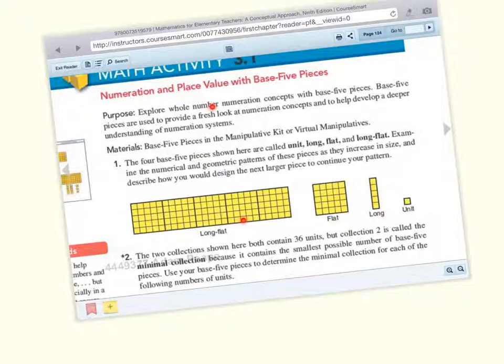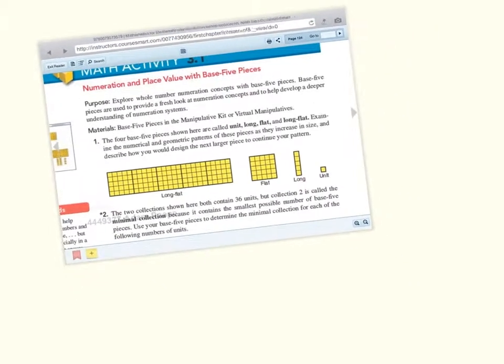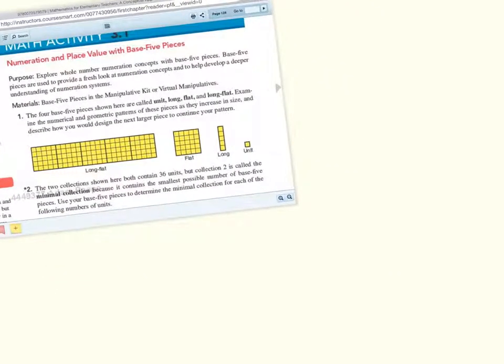Oftentimes, this minimal collection notation is really useful for us. This particular minimal collection of 1 flat, 2 longs, and 1 unit, if we are writing that out in base 5 notation, we would say that we have 1, 2, 1, base 5.